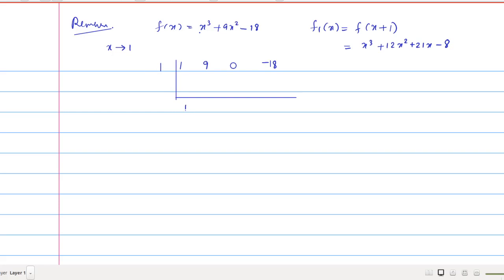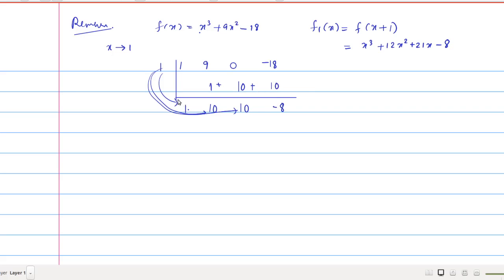So using the synthetic method, just place that 1 here and multiply this 1 with this number, that will give 1 again, and add these two numbers, that will give 10, then multiply this with the other number, 1 into 10, that is 10 again, and add these two numbers, that will give 10, and multiply it with 1, then that will give 10 again. So by adding this, you can get minus 8.